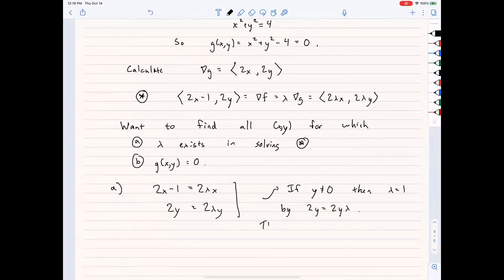But then 2x minus 1 equals 2 times 1 times x, which is 2x, or negative 1 equals 0. And the universe explodes. This doesn't happen. Negative 1 is not 0. So this is not going to give us any solutions. That case leads to no solutions.